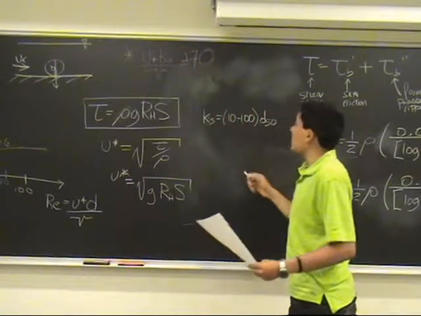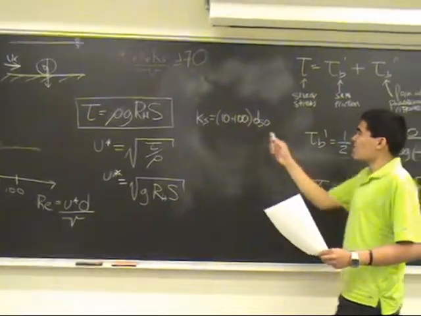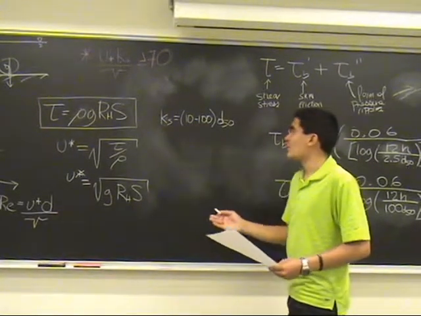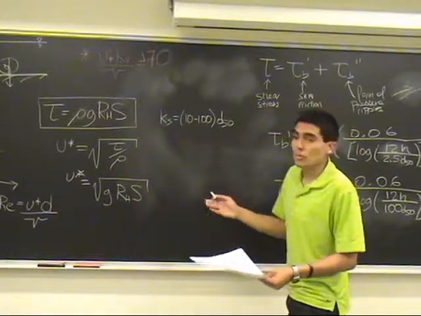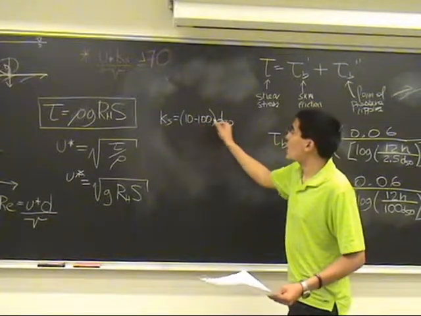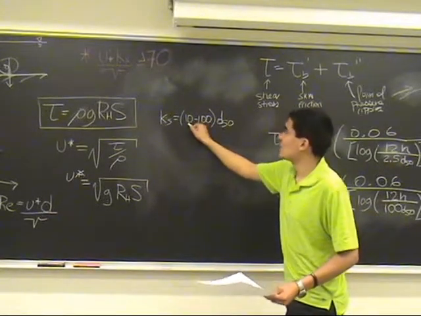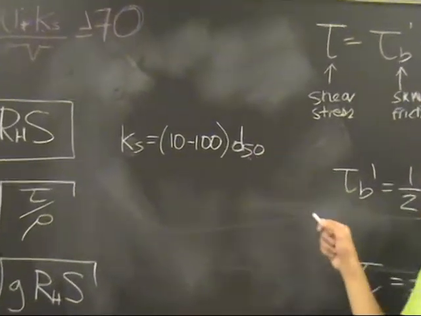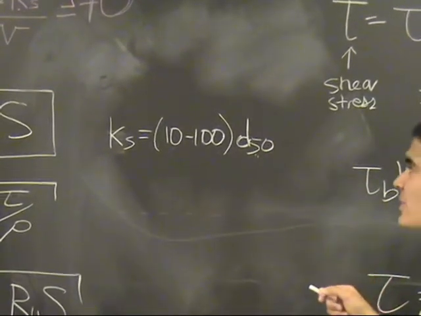Well, the roughness, as we talk more in the packet, depends on the bed you have. If it's a flat bed or if you have ripples, it's somewhere around this neighborhood, from 10 to 100 times your D50 value of sediment.